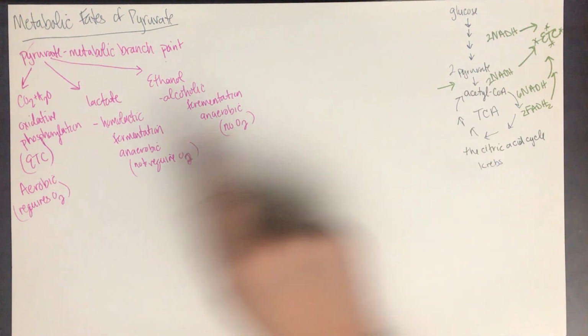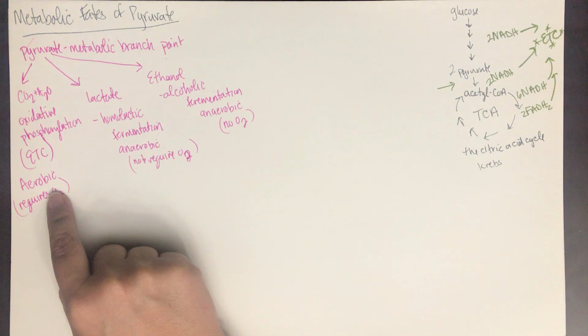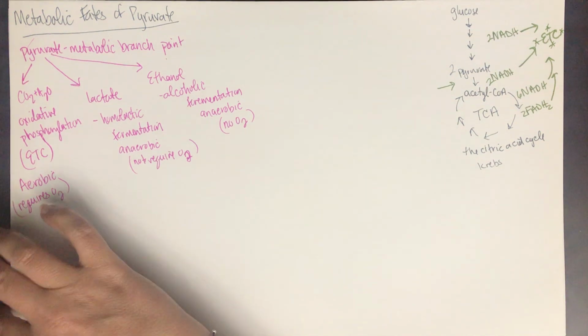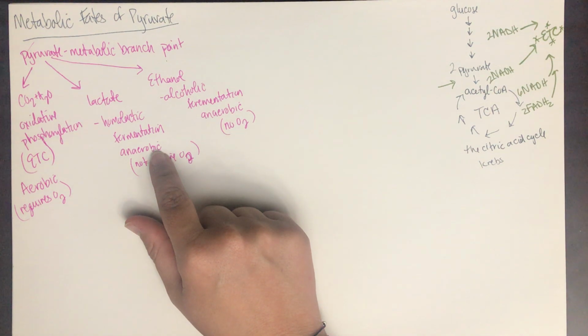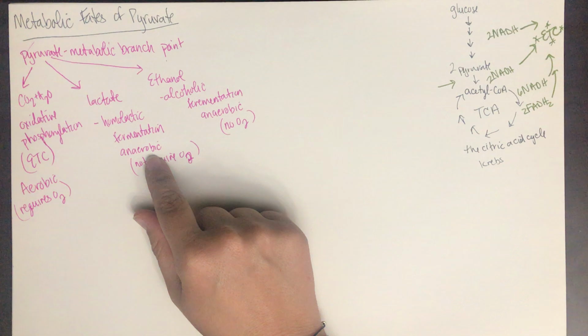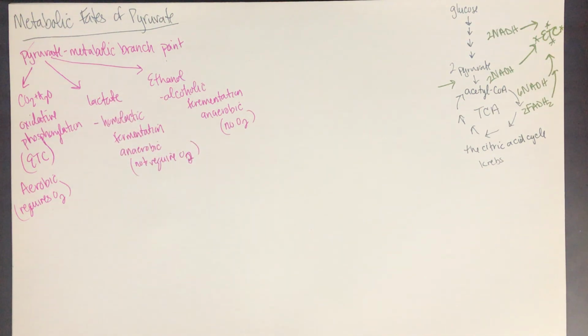If you have plenty of oxygen, then you would just keep going through this path to make more ATP. It's an aerobic process. If there's no or low oxygen around, like a time of strenuous activity, then your muscle cells, your skeletal muscle, would convert this pyruvate into lactate.